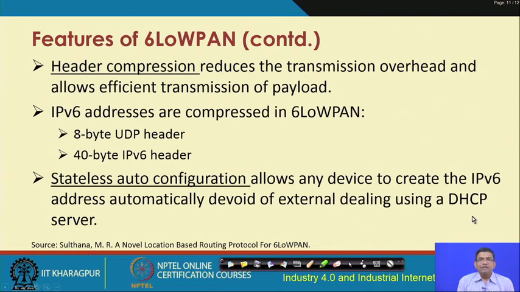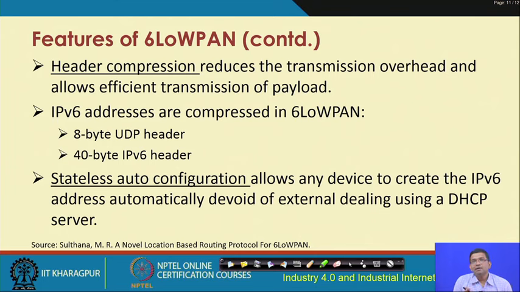As I was telling you, there has to be some kind of header compression, and this header compression reduces the transmission overhead and allows efficient transmission of the payload. IPv6 addresses are compressed in 6LoWPAN into two types, for the 8 byte UDP header and the 40 byte IPv6 header. 6LoWPAN is not based on top of DHCP.